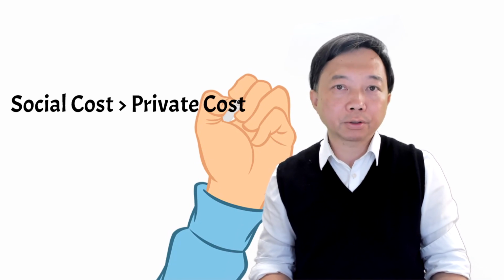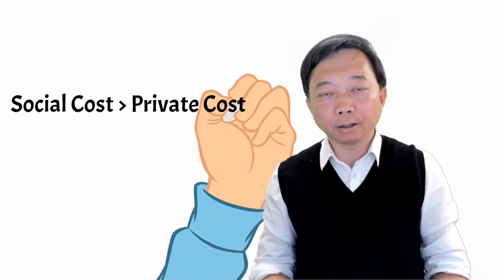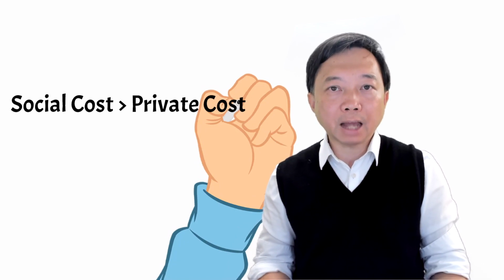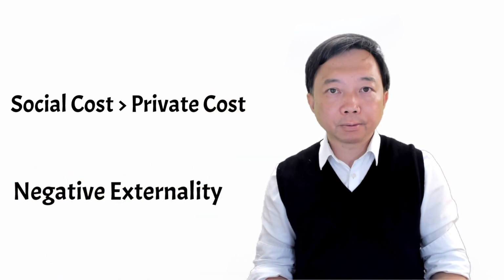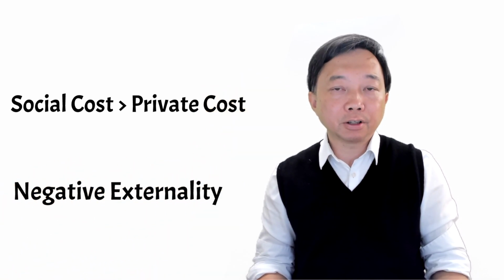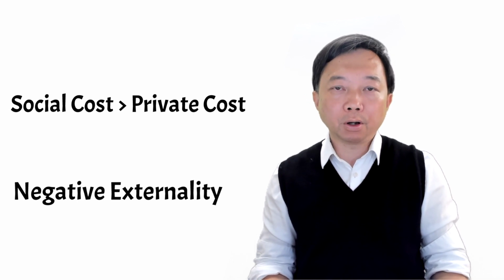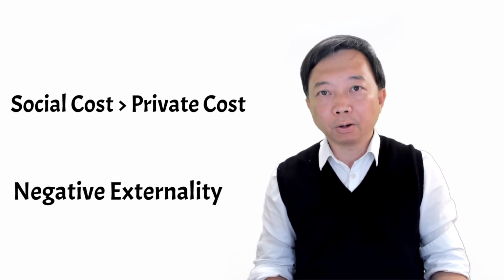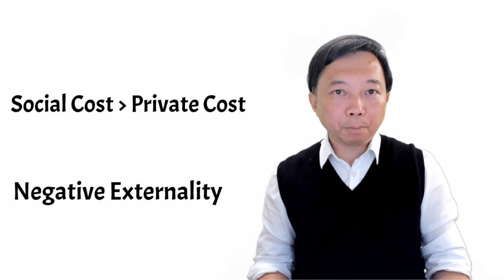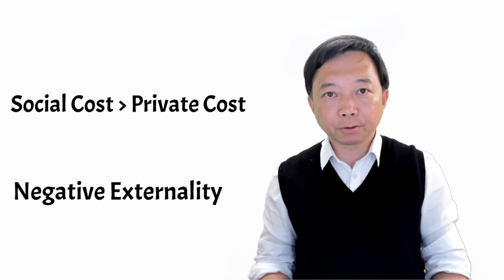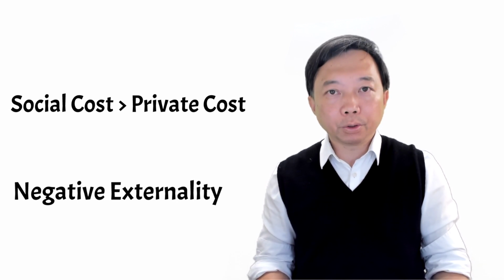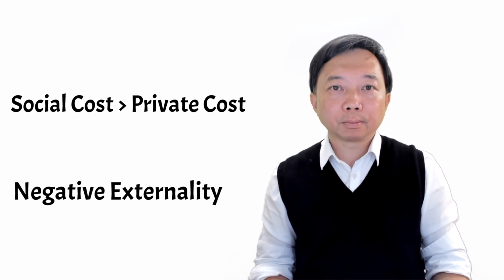Economists call this type of behavior that directly causes damage to others negative externalities. A negative externality causes the social cost to be greater than the private cost. With a lower private cost, the maximization of individual benefits leads to the overuse of public resources.